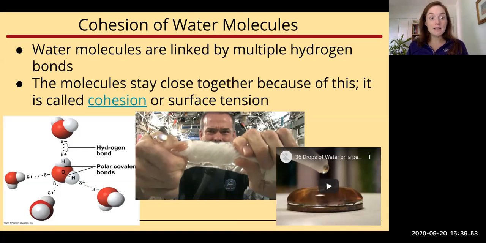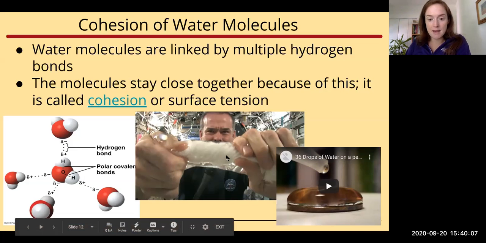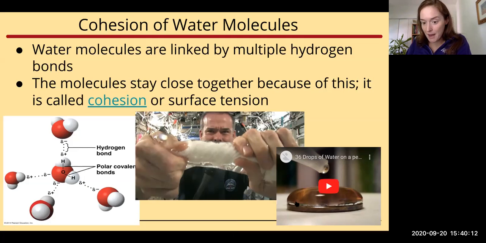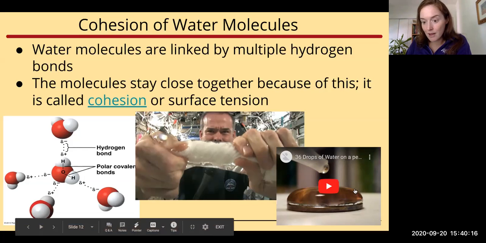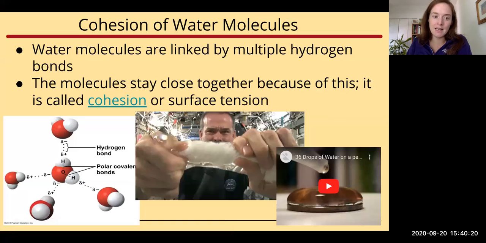And so because of this, cohesion, which is water's attraction to itself, to different water molecules through hydrogen bonding, you get surface tension. And you saw this with the astronaut at the International Space Station. Hopefully you saw it with the drops on your penny, how water was more attracted to itself, to other water molecules than to falling off the edge of the penny.